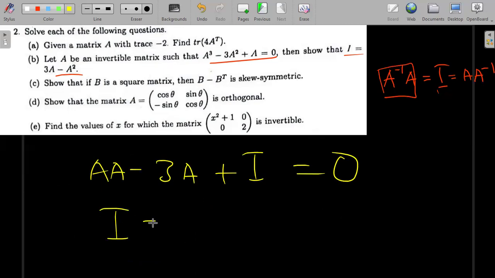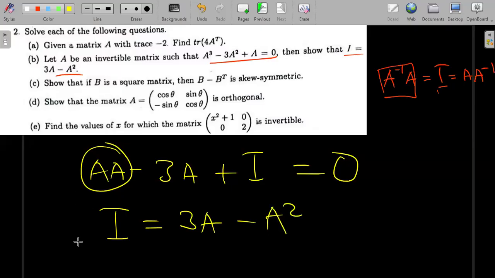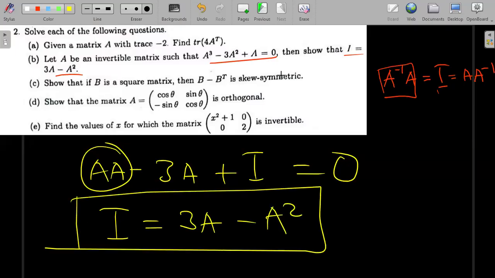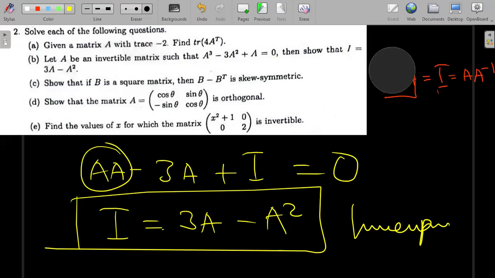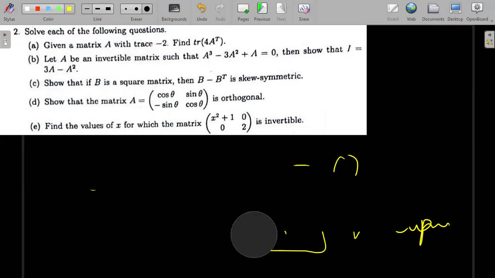So I is equal to, this AA is just A squared, and then this minus 3A goes to the other side and becomes positive 3A, and then minus A squared. So we've proved it. Hence proved. All right, any questions there? Right, no question. Let's look at C.